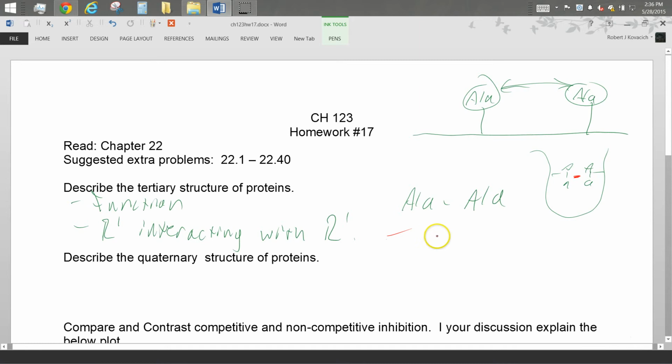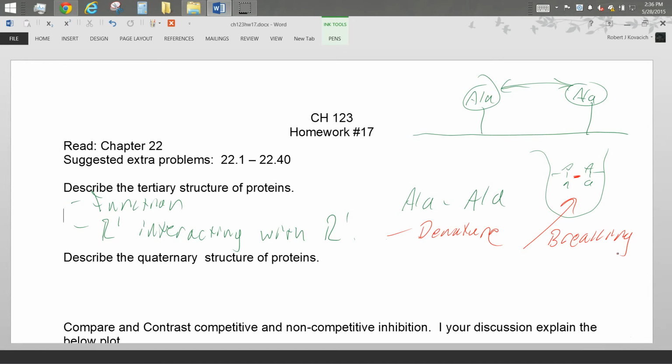Denatured. So when we denature, it's that breaking. That interaction between the side chains in the tertiary structure unfolds, those guys let go of each other, and then that protein no longer has its function.